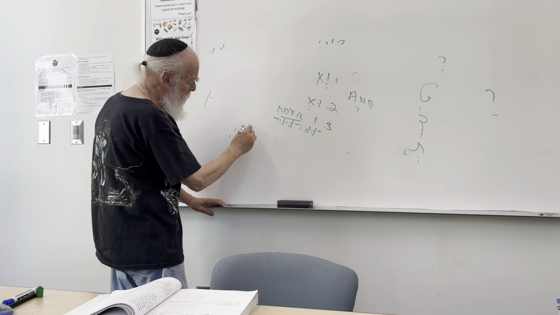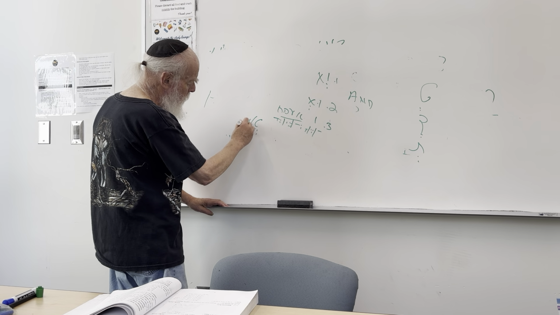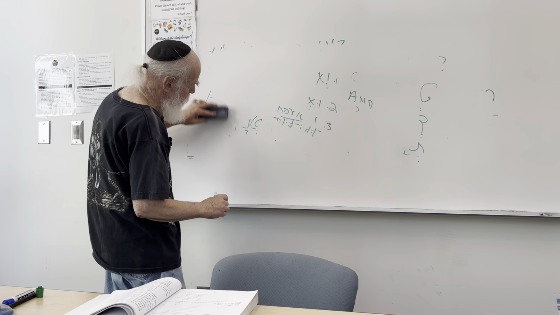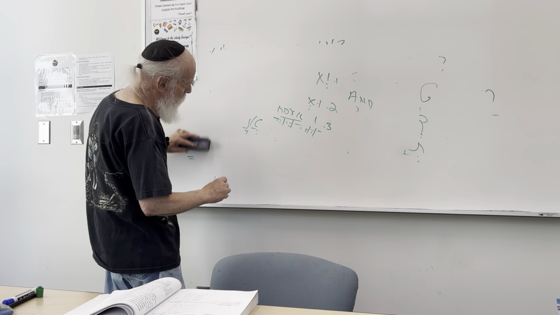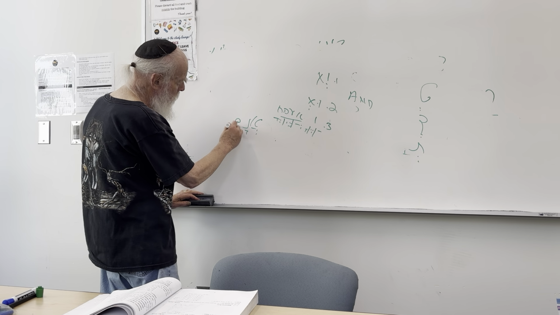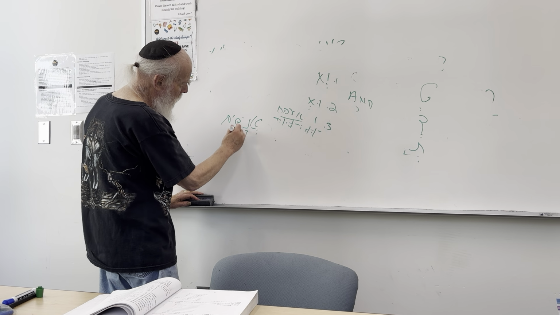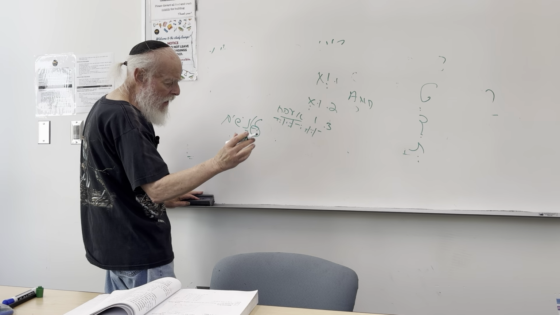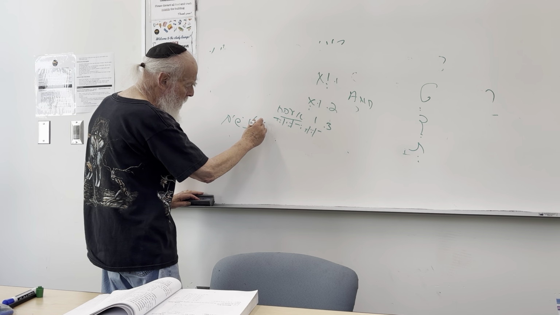So, for example, the word anashim. Look at the way I'm writing anashim. Anashim is spelled with a chataf patach on the aleph. I want to say and people. I add the vav.